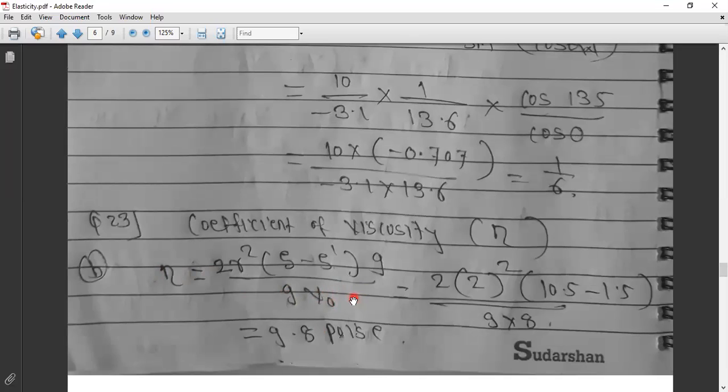Then the ball attains the terminal velocity of 8 centimeter per second. Then find the coefficient of viscosity. Write down the equation of coefficient of viscosity in terms of the radius of the ball, the density of the body, and rho dash, the density of the glycerine, g is the gravity, over 9 V naught. V naught is the terminal velocity. 2 R squared, R is given, that is 2 meter.